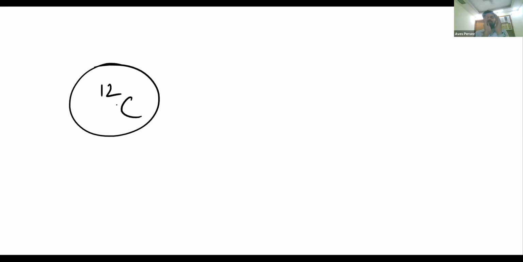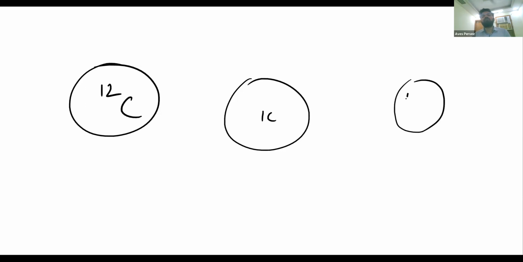Carbon is not the lightest element. One carbon atom was having the mass of 12 hydrogen atoms.